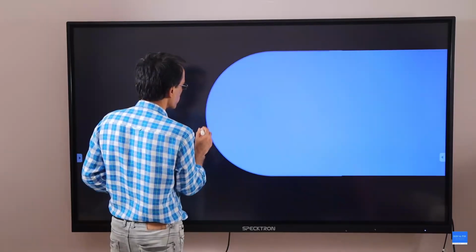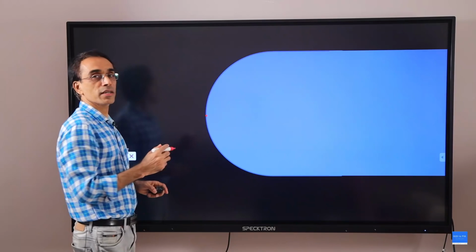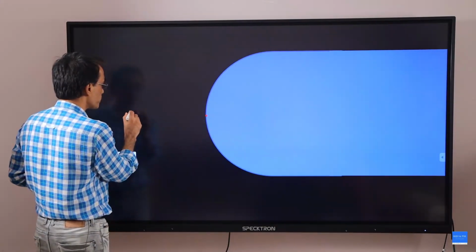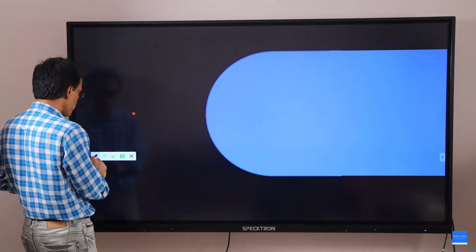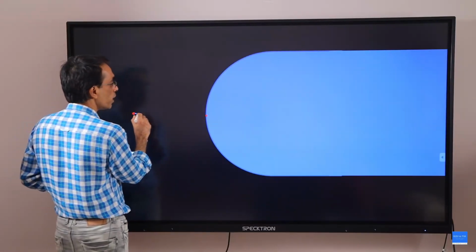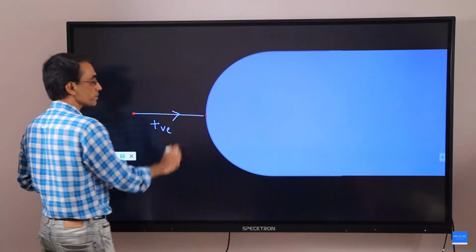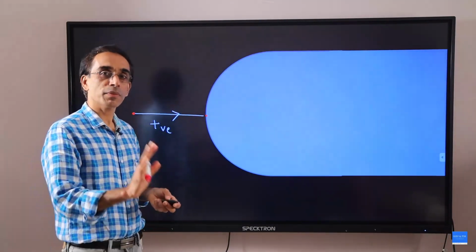For spherical surfaces, this point here is from where you measure everything. Suppose you have an object somewhere here, then light from the object will fall on the surface in this direction, and this direction will be taken positive. The direction of the incident light must be taken positive.